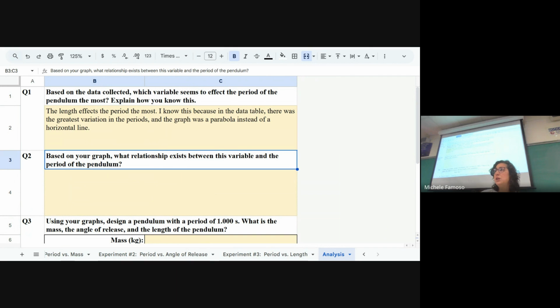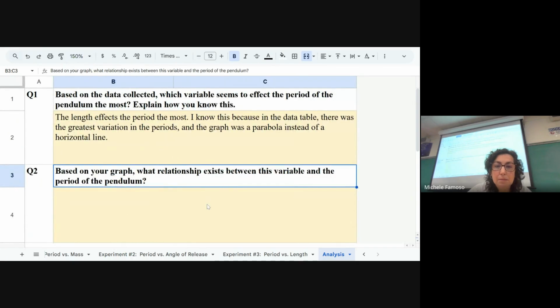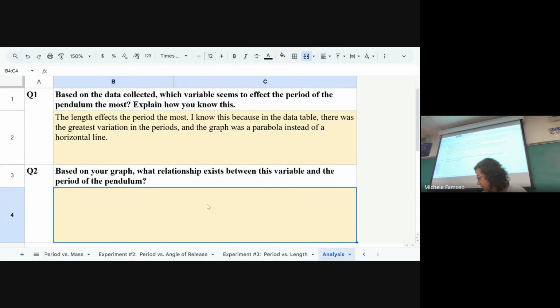Those are the kinds of things that you're looking for. You can answer it in your own words, but you are telling me, number one, how you can see it from the data in the table, and the other evidence you have from the graph is that you have a parabola instead of a horizontal line. Let's see if I make this a little bigger. There we go.